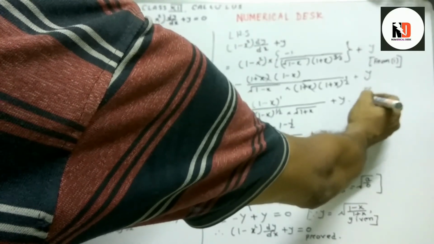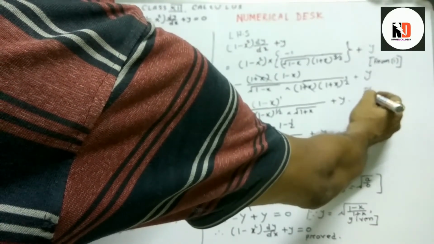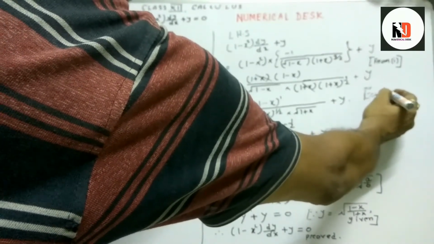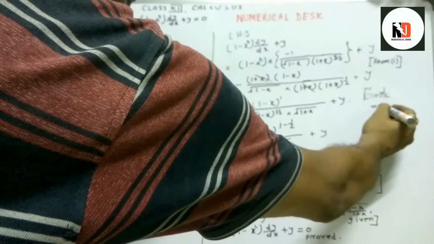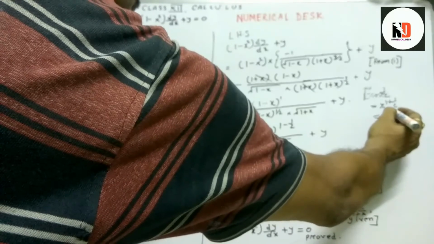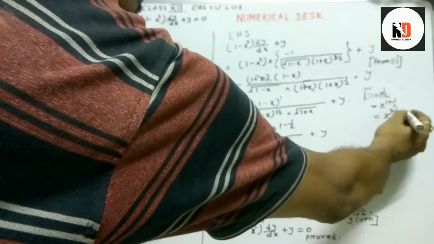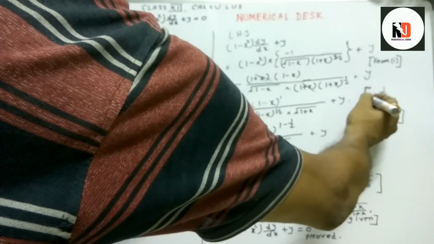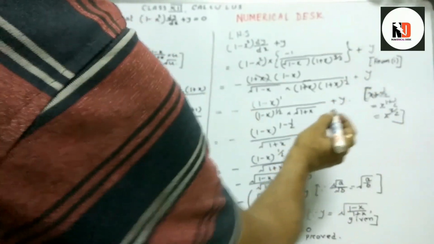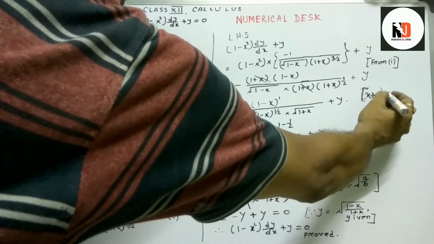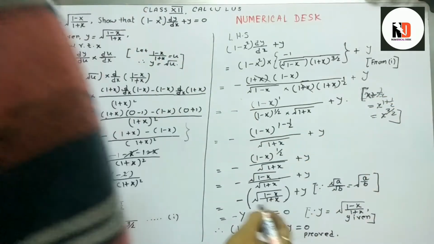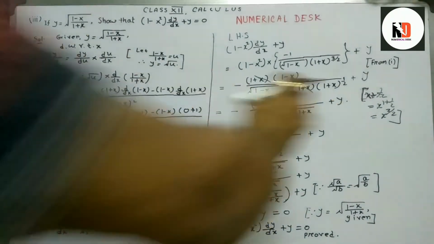Look what I am doing, because 1 plus x into 1 minus x, you all know this part, though I am doing the easy part. In the denominator there is 1 plus x whole to the power 3 by 2. So 1 plus x to the power 3 by 2 can be broken like this. See, x into x to the power half.